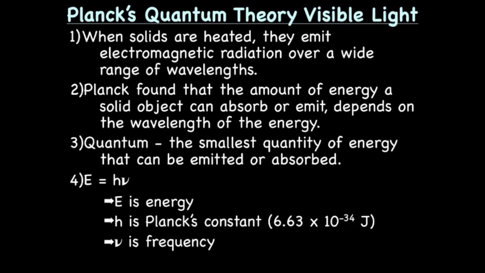And nu is frequency. Okay, so what Planck again found out is that the amount of energy that can be released or absorbed is directly related to the frequency by a factor of his constant.